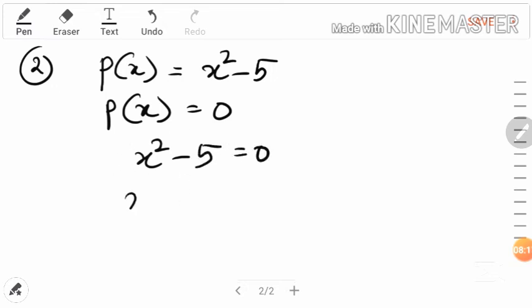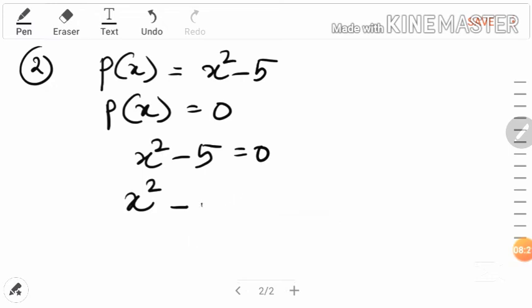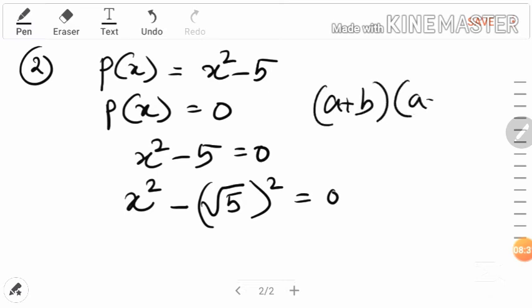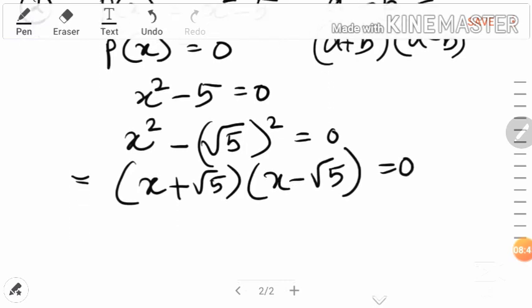Now the left hand side can be written as x square minus root 5 square equal to 0. Now this is a plus b into a minus b. So writing the factors, x plus root 5 into x minus root 5 is equal to 0.